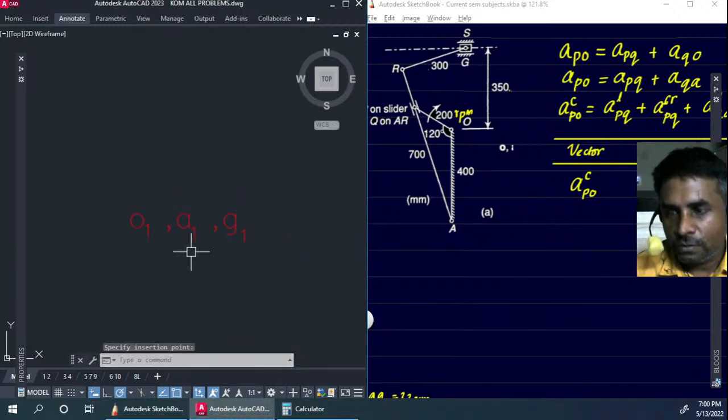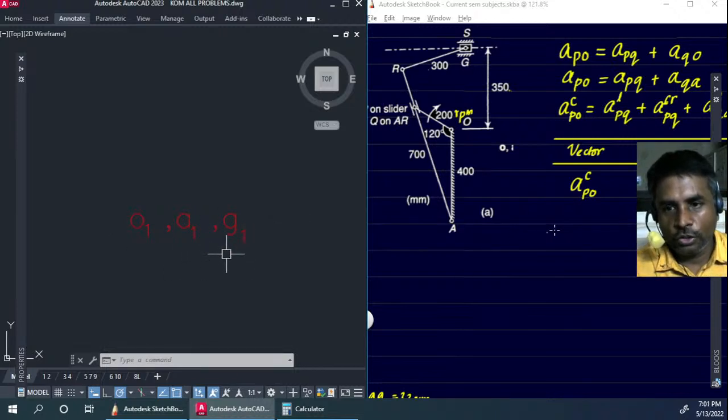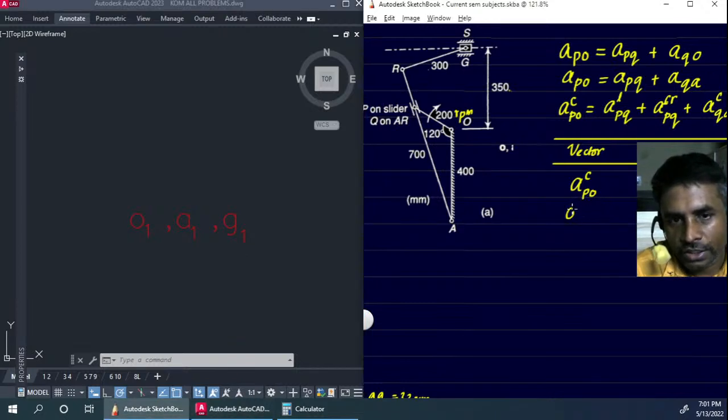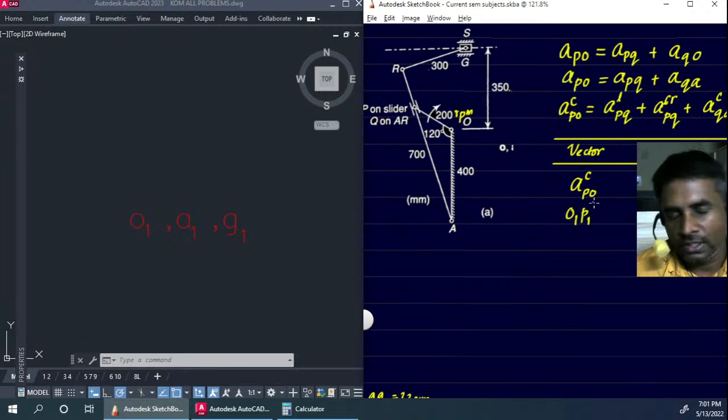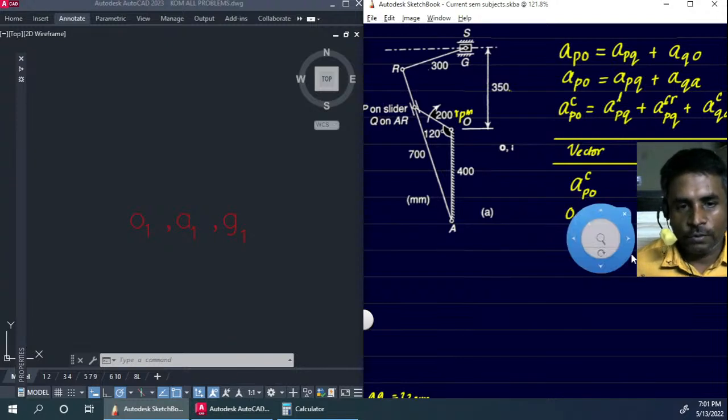These are the fixed points, so they are going to overlap at this particular point. So the vector diagram will go from O1 to the final point P1. So O1 P1 will be representing the centripetal acceleration, or the total acceleration, of P with respect to O.